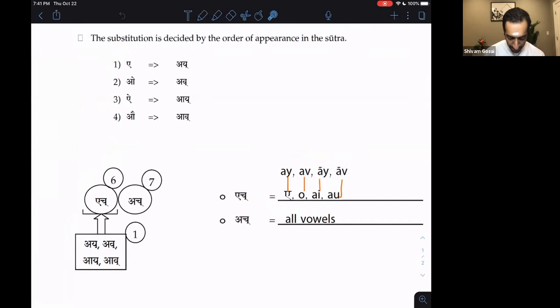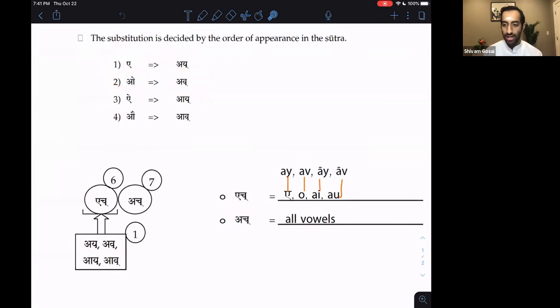Here it tells you directly, okay? When it's A on the left side, notice how we said a-e-o-au. It's all in order. So the first one, A, gets replaced by the first, I. So A gets replaced by I. O gets replaced by au.